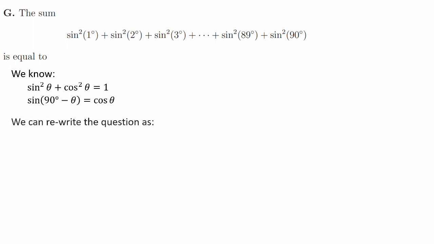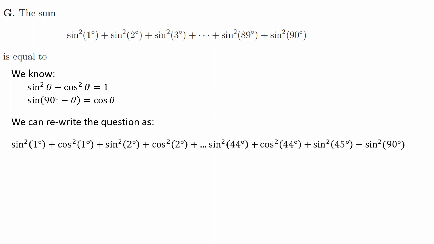With these 2 identities, we can rewrite the question in the form sine squared of 1 degree plus cosine squared of 1 degree plus sine squared of 2 degrees plus cosine squared of 2 degrees and so on, all the way up to sine squared of 44 degrees plus cosine squared of 44 degrees.